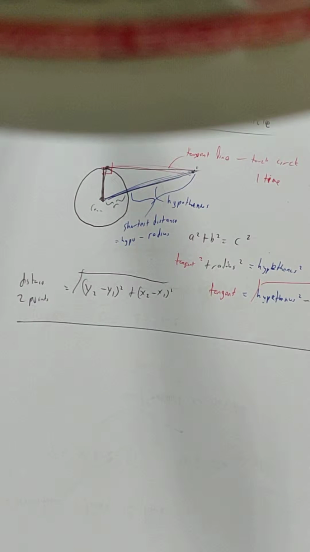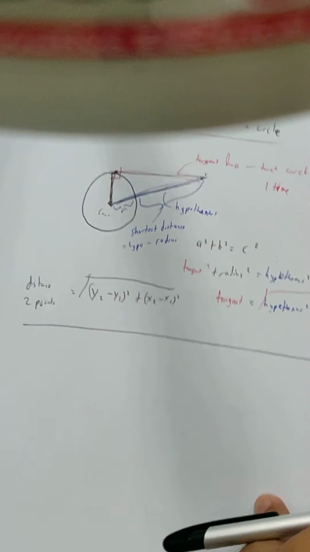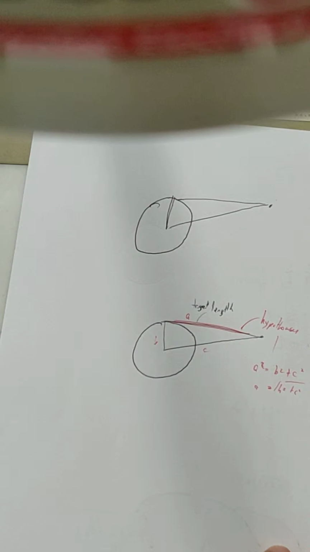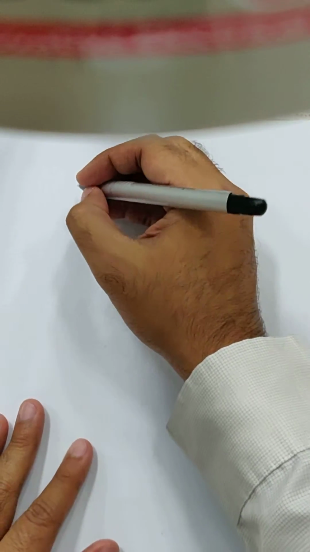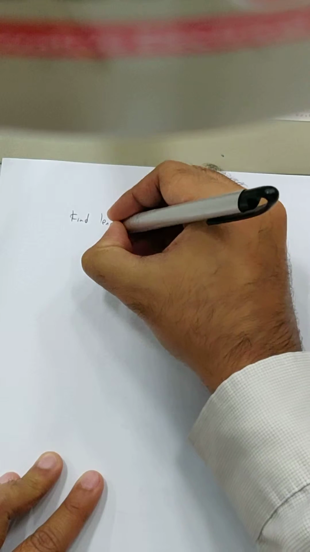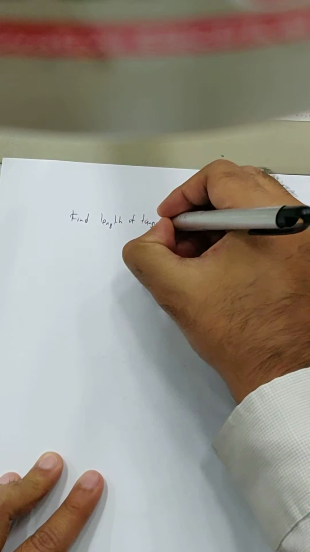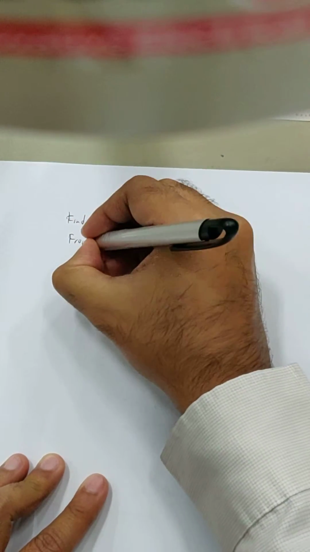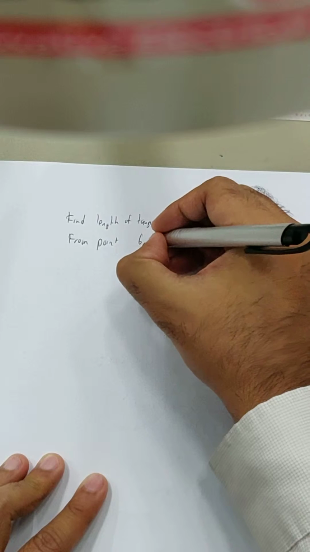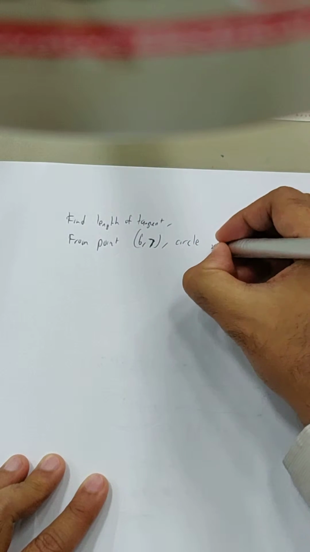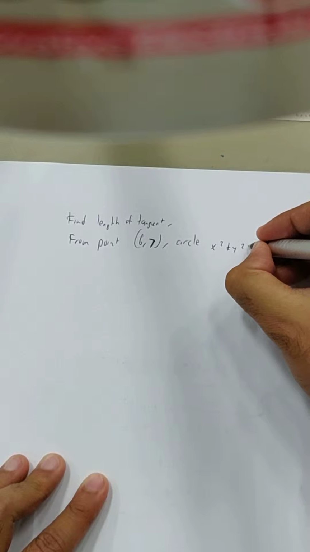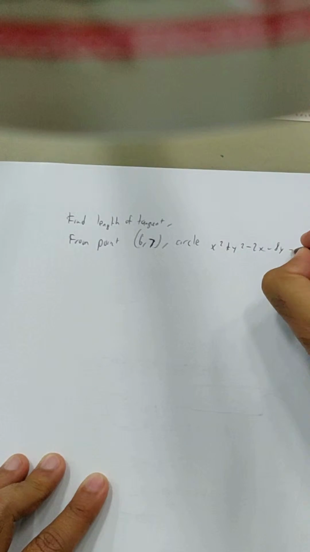Example 8. Okay, you are asked to find the length of tangent from the point 6, 7 to the circle x squared plus y squared minus 2x minus 8y equals 8.